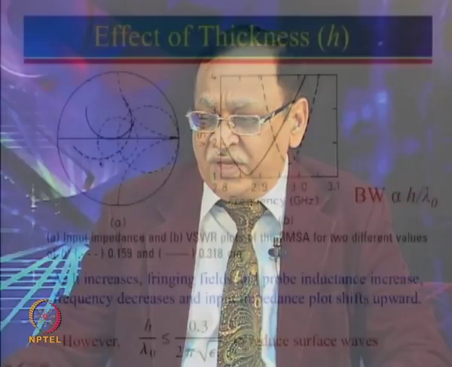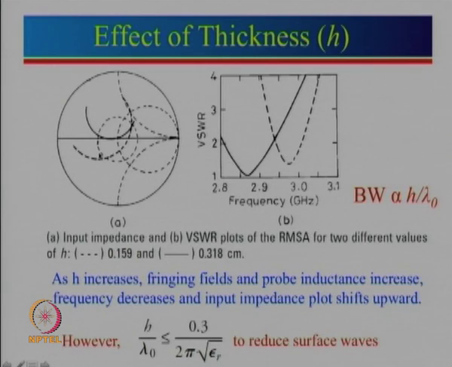That is why we can see here that this is for h equal to 0.159, and here the thickness is doubled. We can see that the whole curve is shifted towards inductance. Now, from the bandwidth point of view, if you draw a line along VSWR equal to 2, this one has a relatively smaller bandwidth compared to this one, which has a larger bandwidth.